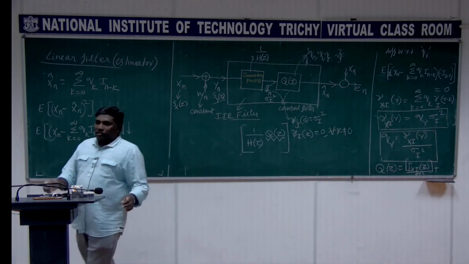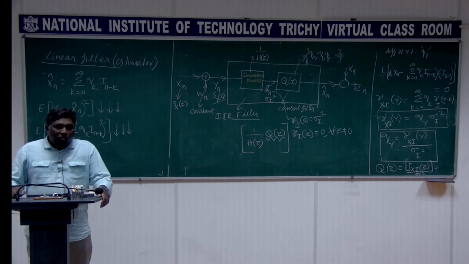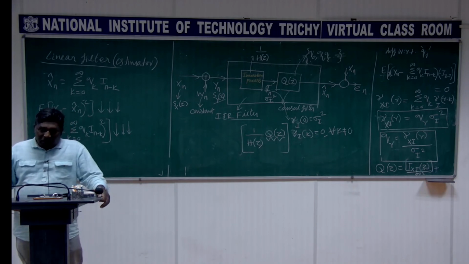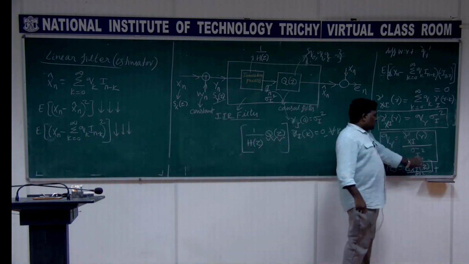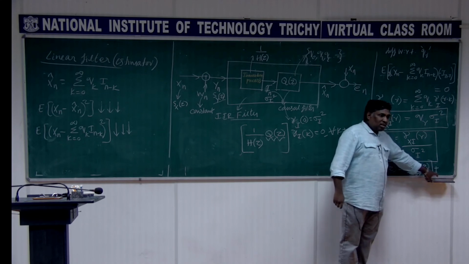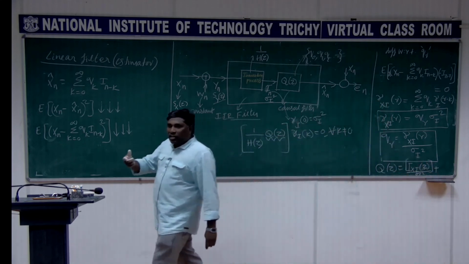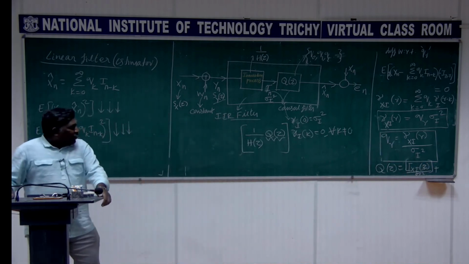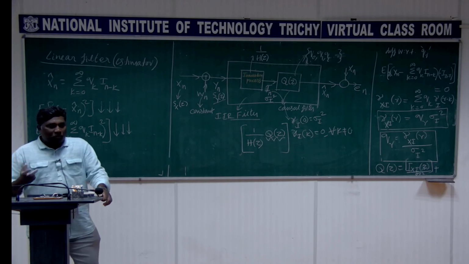The subscript plus indicates that you are actually taking only the causal part of it. This is constant, sigma I squared I have taken. So you take that z transformation of gamma xi of r and take only that causal part.